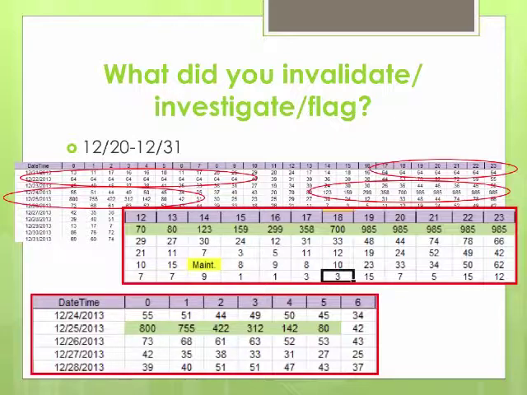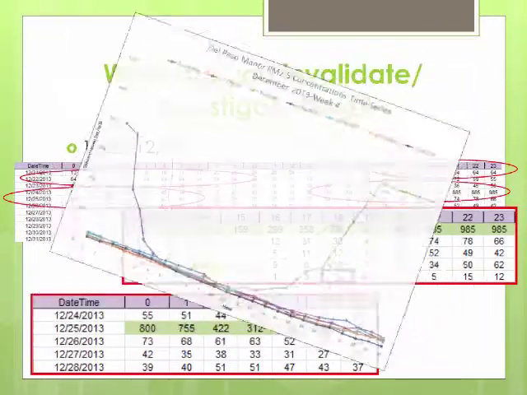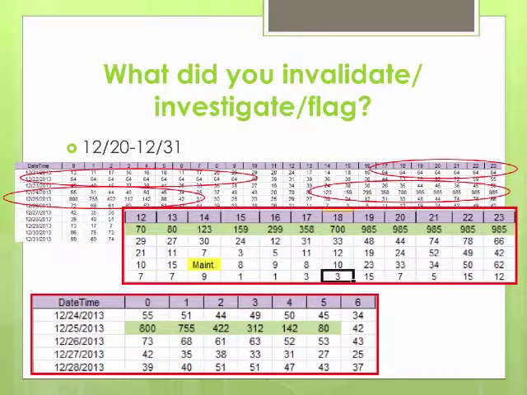And that was also in the metadata for those few hours. There were some error codes about flow. So that was one of the clues that you had to indicate that those 985s are actually not valid hours. All right, and there's the graph showing that. But what about the hours where the data was ramping up to that 985? Are those good?